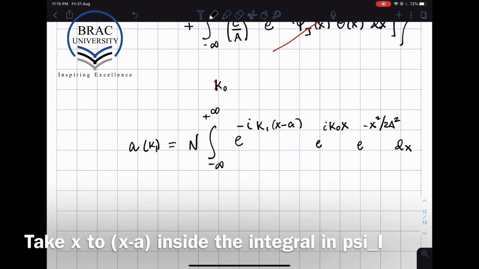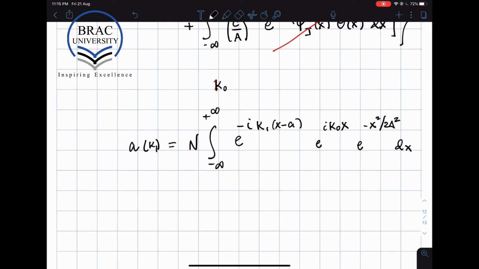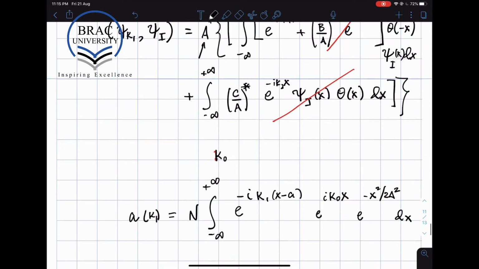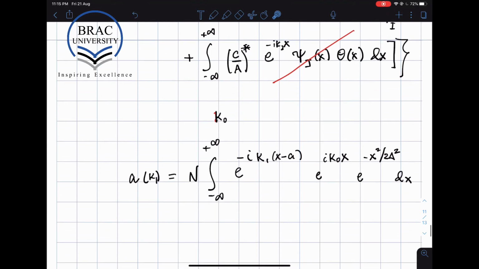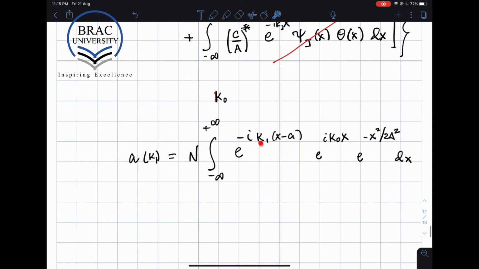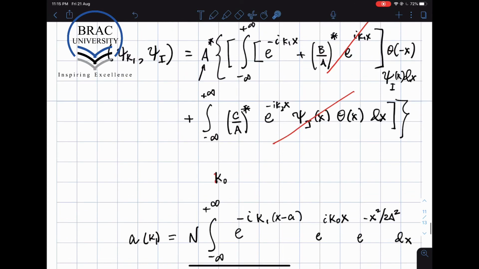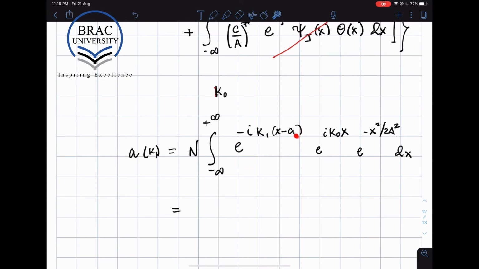So what have we done here? We have used the fact that this thing is only non-zero on the negative x-axis, and the step function is 1 on that part of the x-axis. Therefore, we just set the value of this to equal 1. Then we have this factor, which is the first term in this exponent, and everything else is coming from this guy. There is no x dependence here, so we can factor that out.